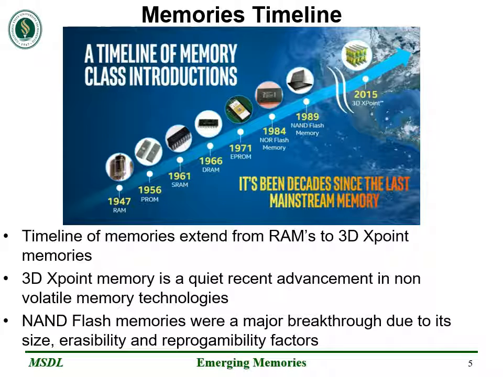Coming to 1971, we had erasable programmable read-only memory. And nowadays we are looking at technologies like flash memory, which are quite marketed now. 3D XPoint is still being considered a major breakthrough, but it hasn't been properly marketed. Intel and Micron are still in the process of manufacturing memories in the form of 3D XPoint.